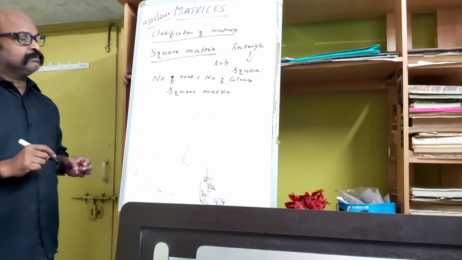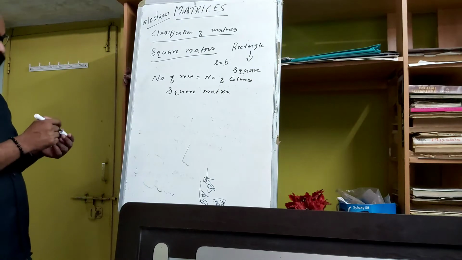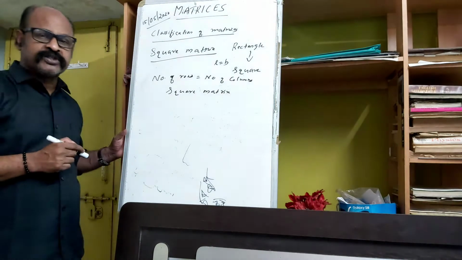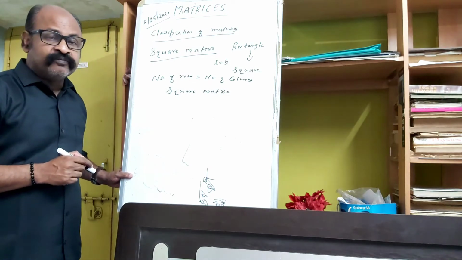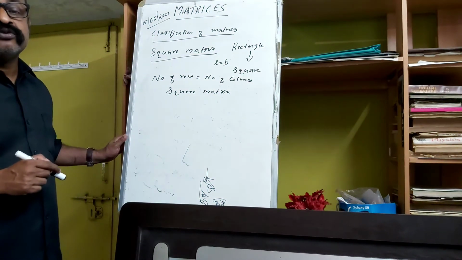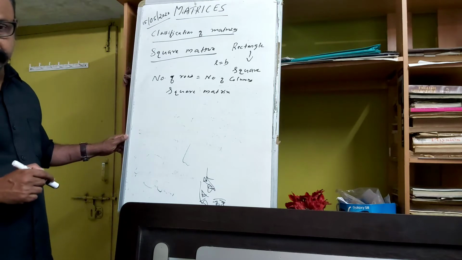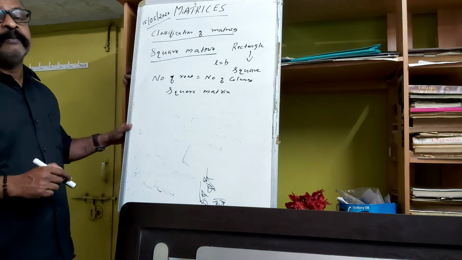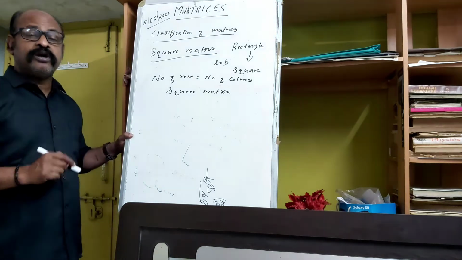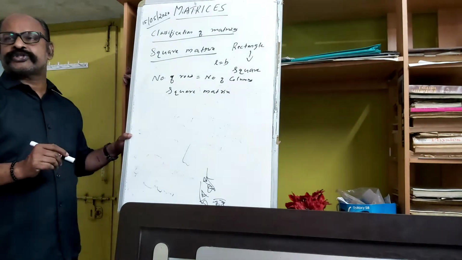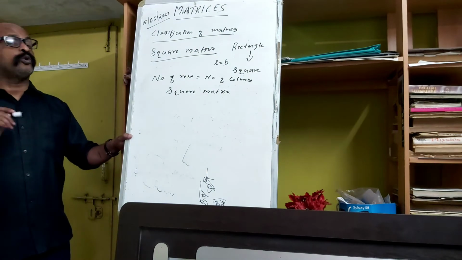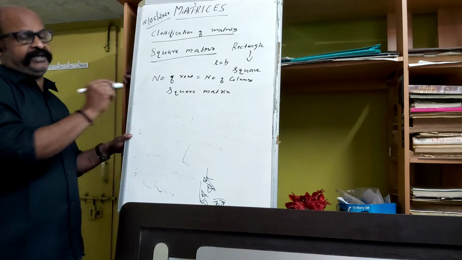So what we say is: a matrix becomes a square matrix when its number of rows and number of columns are equal. That is, a matrix having an equal number of rows and columns is known as a square matrix.